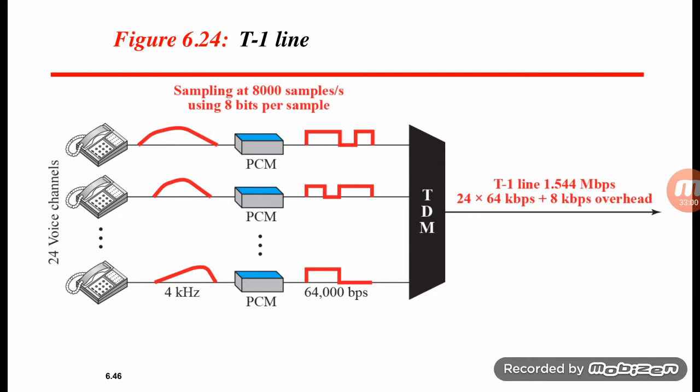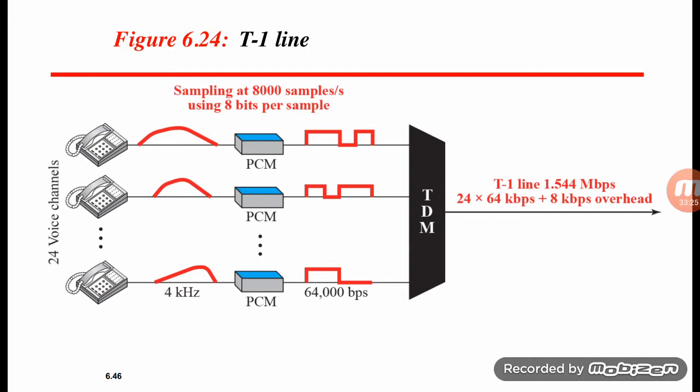T1 line is this one, DS1, right? So in the T1 line, what is happening? You have 24 voice channels. Because they are all analog, you first have to convert them into digital by using PCM, pulse code modulation. After that, you combine them using TDM.